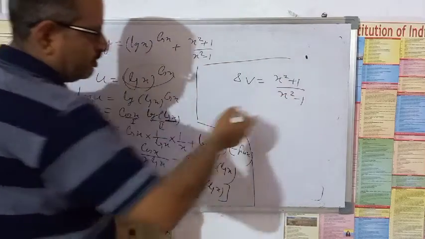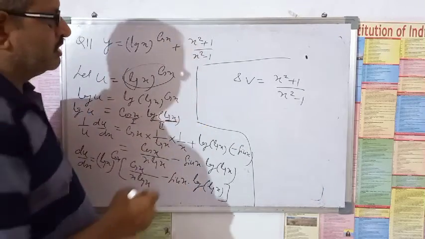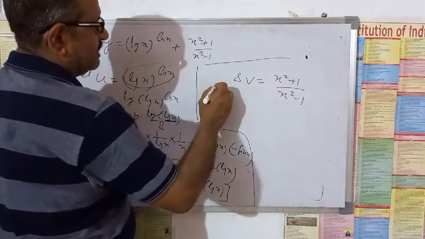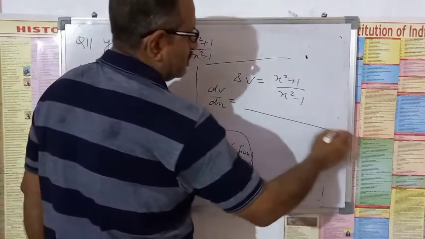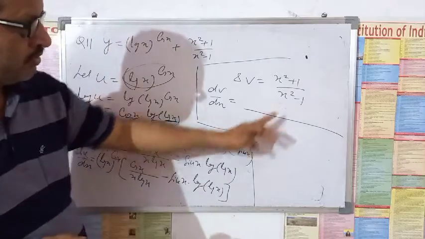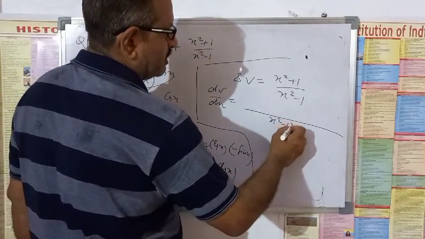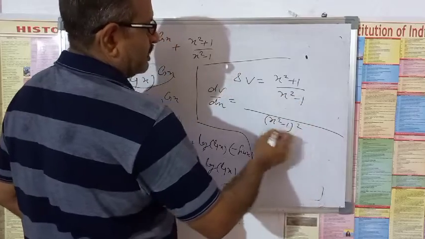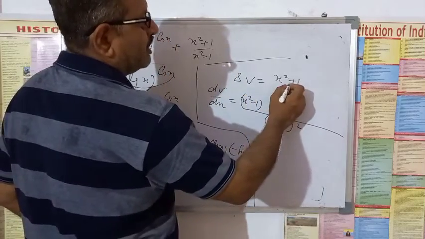So second one you can do it by taking log or without taking log both. So directly differentiate it. dv by dx is equal to, use here quotient rule. Quotient rule means square of the denominator, then denominator x square minus 1, derivative of numerator.